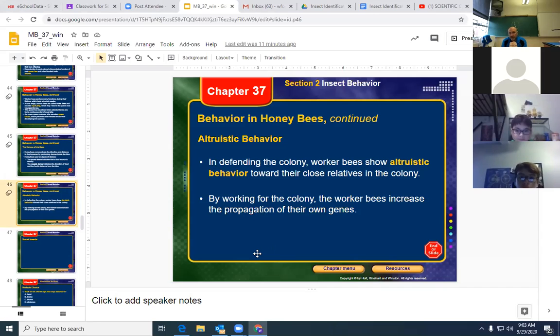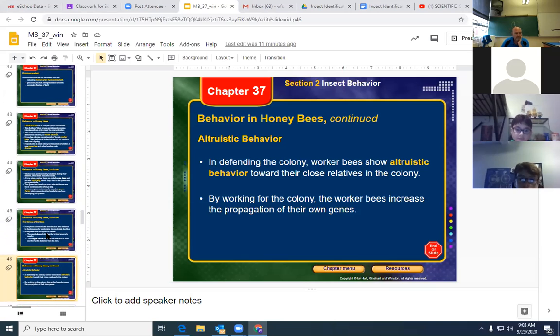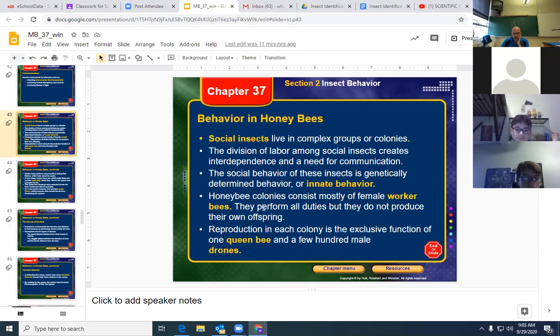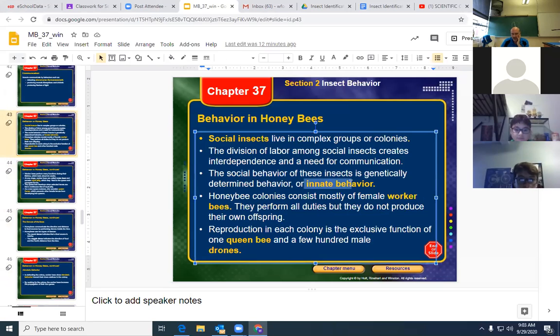So by defending the colony, they're, in a secondary way, protecting themselves by protecting the colony. They're protecting the genes of the colony. So we went up there to that innate behavior. Which one is it? Right here, this innate behavior.